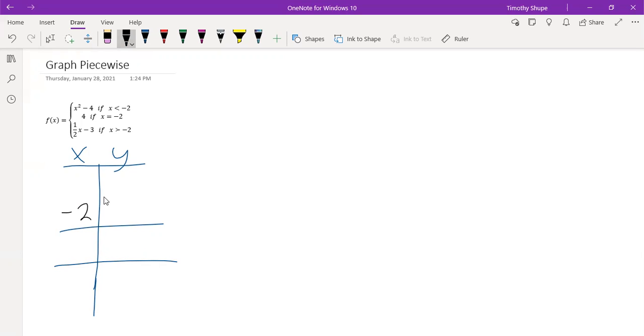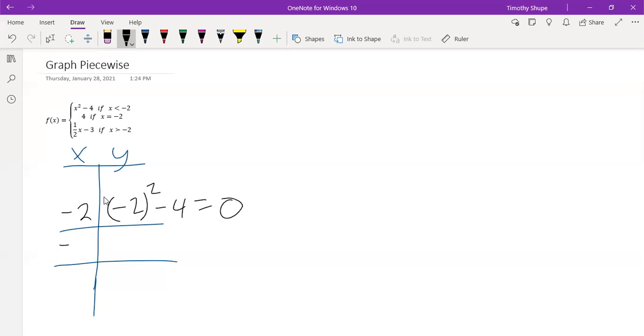Squaring -2 gives 4, and then subtracting 4 gives 0. So that first point on our graph is going to be at -2, 0. That's not going to be a solid circle though, because x didn't equal -2 for that function. That's just a boundary.